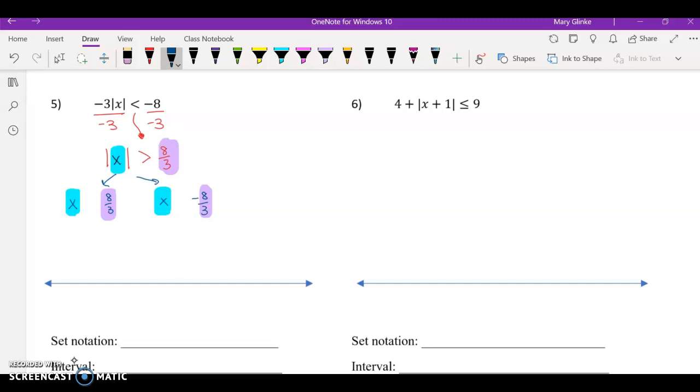In your first inequality, nothing changes. So your first one, you just basically get rid of your absolute value. So x is greater than 8/3. In your other one, where you made it negative, right here, you also have to switch your sign.